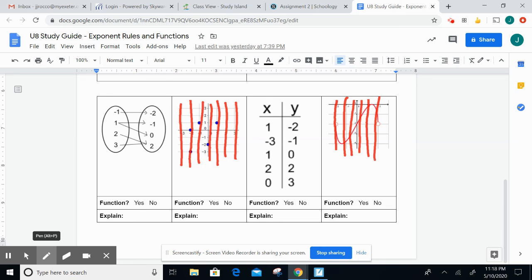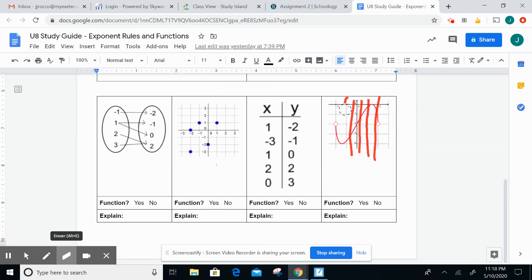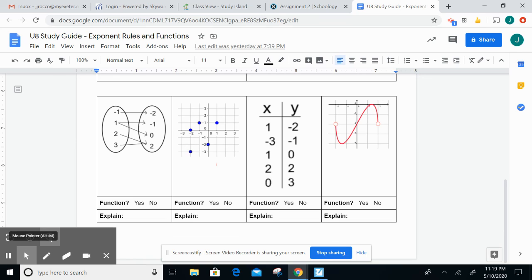It's hitting 1 point at a time. If it hits 2 points, it is not a function. So this one that I'm erasing right now, not a function. This one right here, it is a function. Again, that's the explanation. I did the vertical line test. It hit 2 points, not a function. I did the vertical line test. It only hit 1 point at a time. It is a function. And that is it.